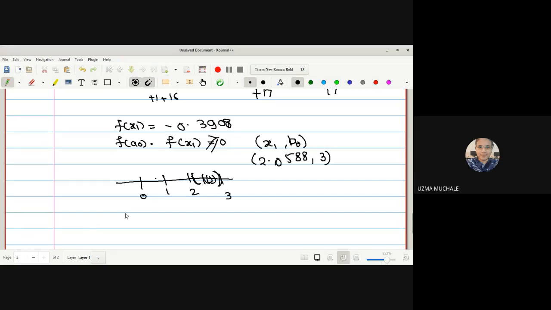Okay. Now let us try to find the next one. For that, we have to rename the interval. 2.0588 to 3, which was a naught b naught, we can now rename as a1 b1.